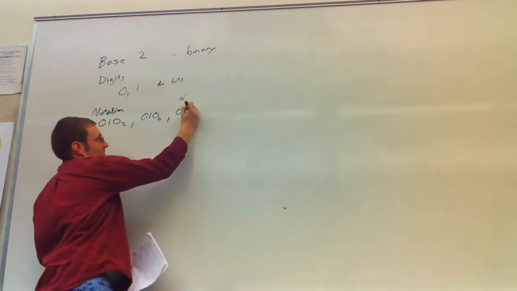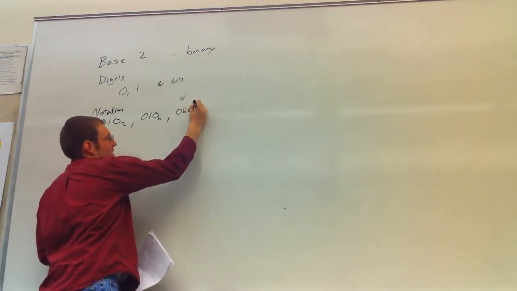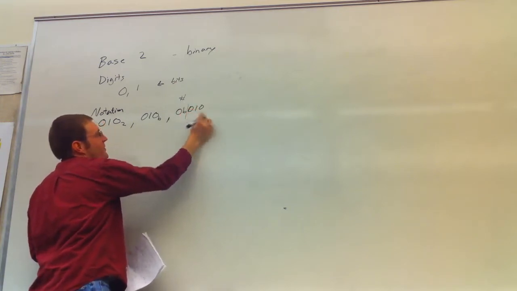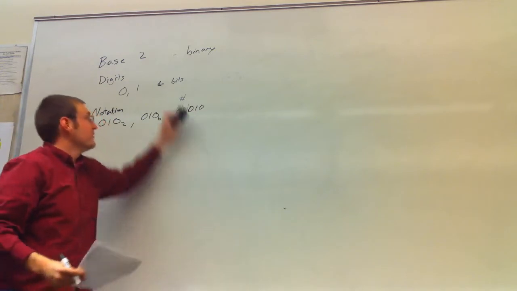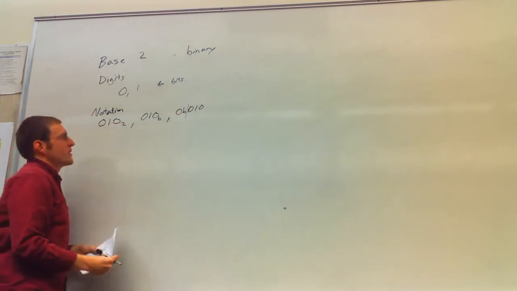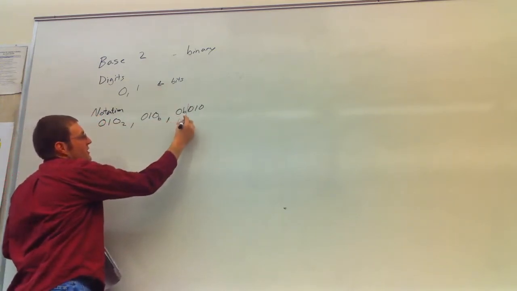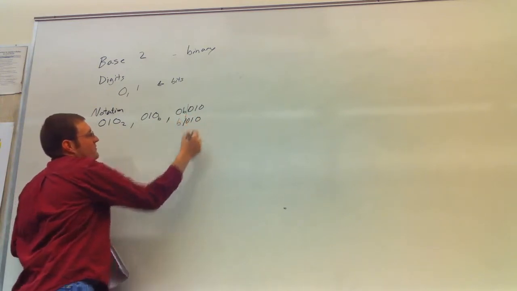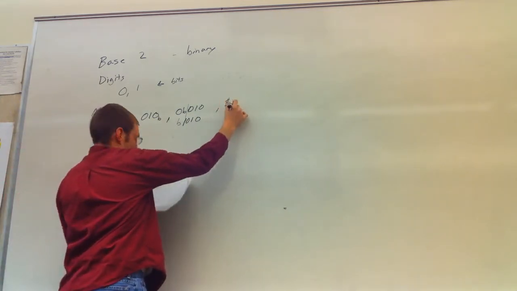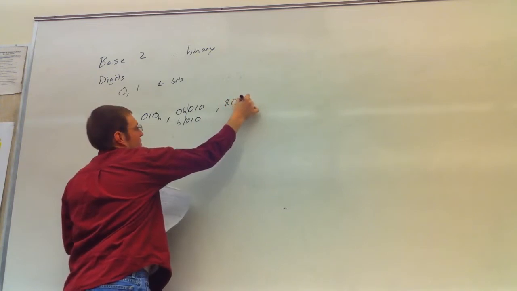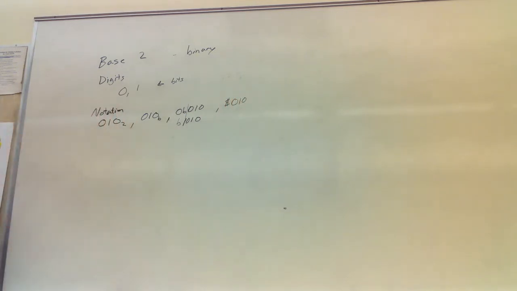This part's the number, and this is just telling me that this is binary. This is like for computer languages. You can also just go B, 0, 1, 0, and another one is a $ sign, 0, 1, 0. That's the notation that we'll use in class to denote the binary system.